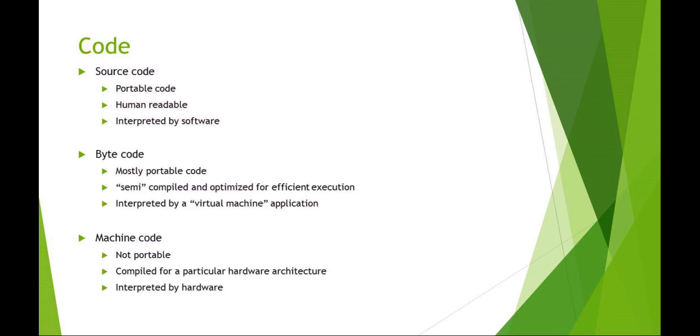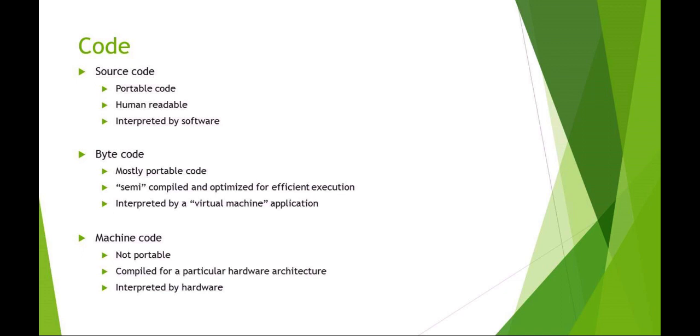So when we're looking at different types of code, we know source code, right? It's portable source code. So if you wrote something, say in C, it's human readable, and then you interpret that with software. Bytecode is this idea of the hybrid. It's mostly portable. It's semi-compiled, and it's optimized, and then it's actually interpreted by a virtual machine.